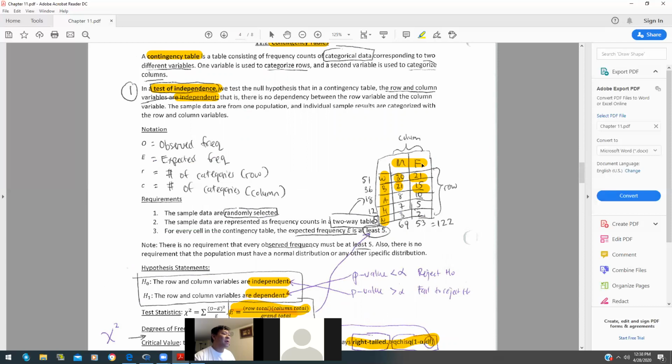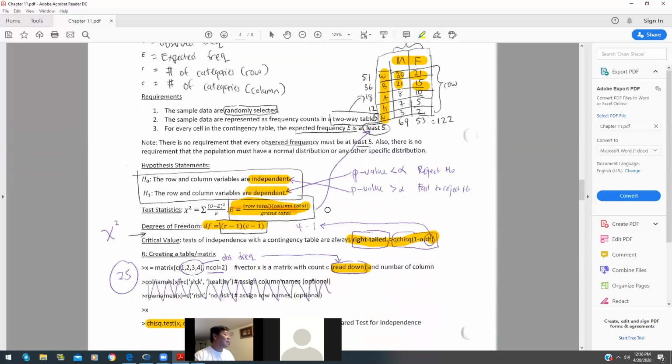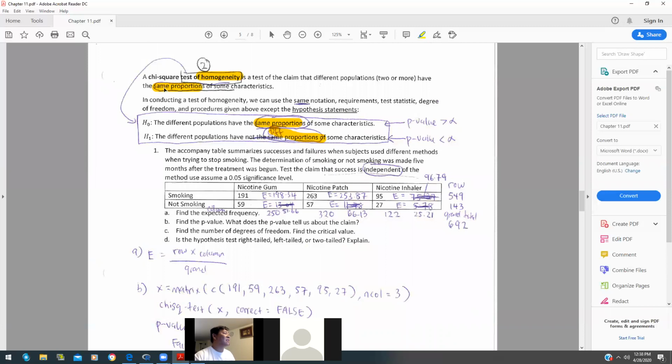So if you want to compare male and female, you want to see if the proportions for male across this race are the same as for female. That is what we call a test of homogeneity. So one is independence, testing whether they're independent, and the other says they have the same proportion. When you do your test, it is very clearly stated.